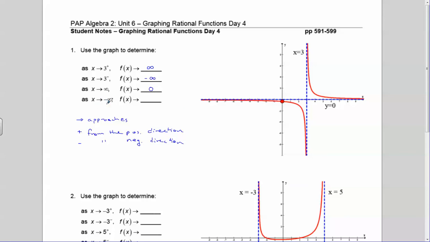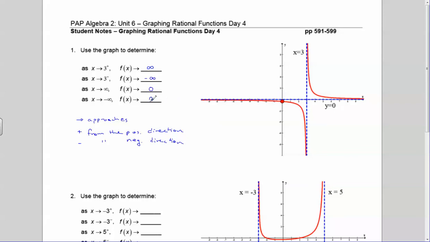And finally, as x approaches negative infinity, this is going to be what's happening on the graph as it goes to the left. What is happening to the value of the function? So as x approaches negative infinity, the values for y are decreasing. And this is going to get infinitely smaller until it gets infinitely close to the horizontal asymptote.